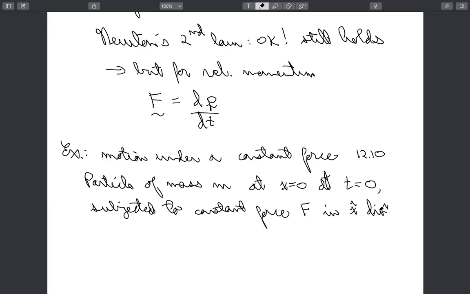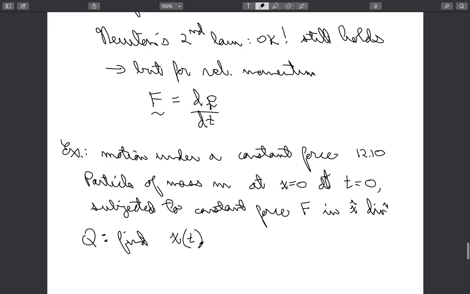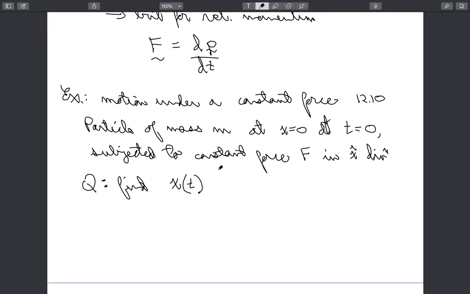Okay, so what does that mean? The question is, you want to find the position of the particle as a function of time in the ground frame. So how do you go about doing that?